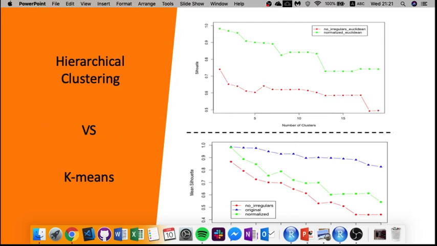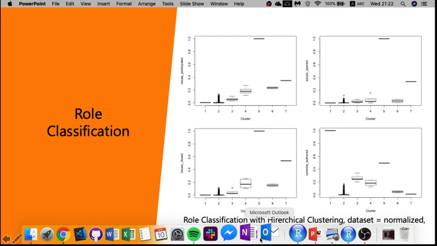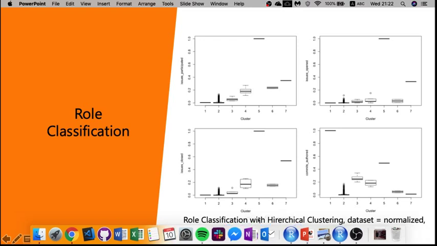Oh, I had a whole slide to explain why we chose the hierarchical, but I explained it on my own. It's okay. So for the role classification, we have the hierarchical clustering on the normalized dataset, and we have 7 clusters.